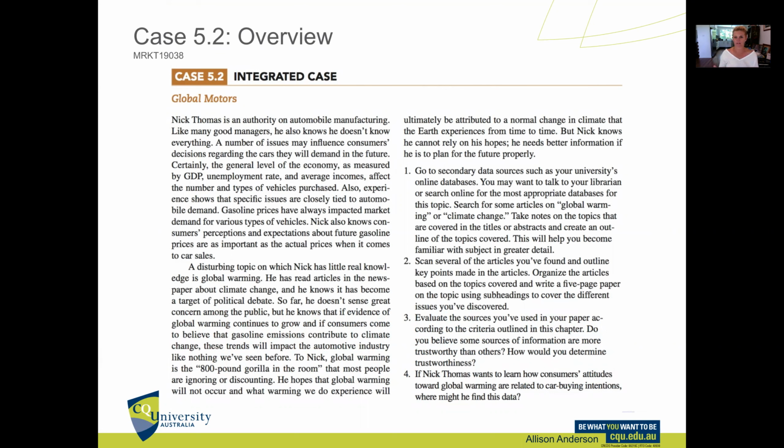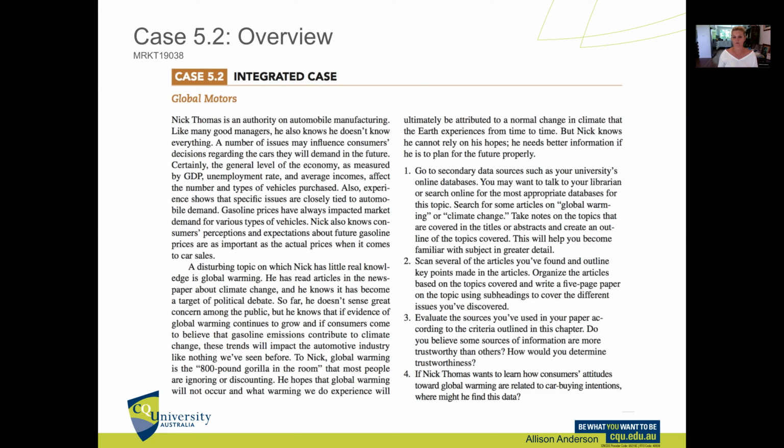But basically the task is to go to secondary data sources such as universities' online databases, talk to your librarian, all these other things to figure out how you can find out secondary information. Research papers in particular, I think, is where they're going with this one.